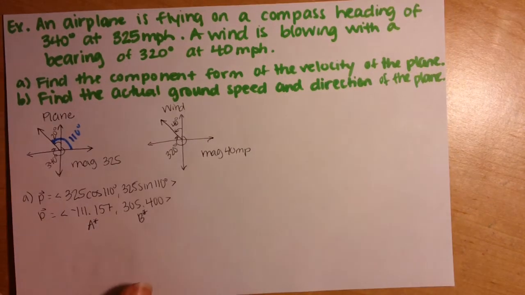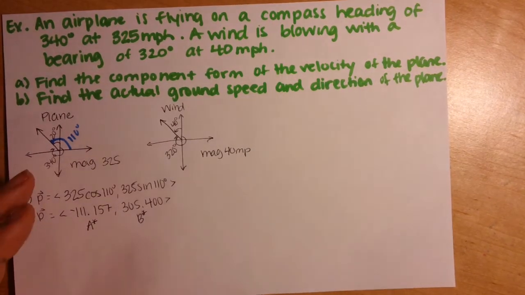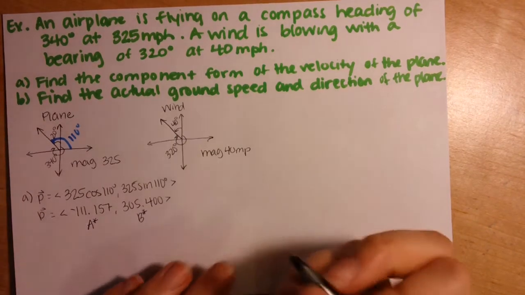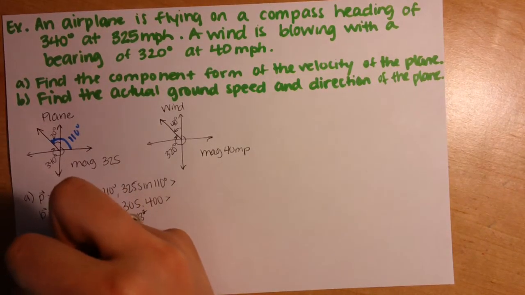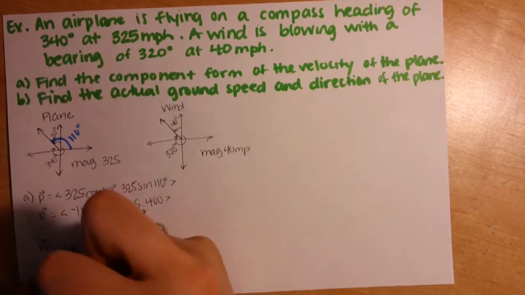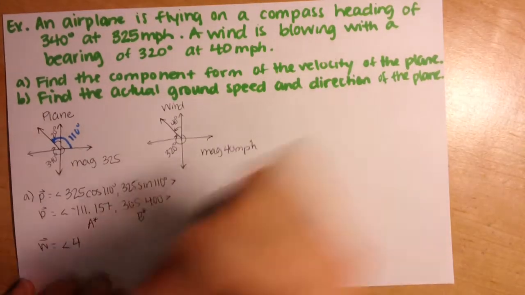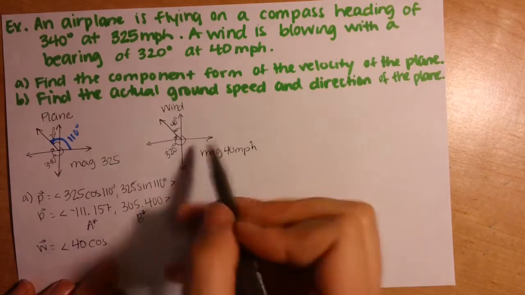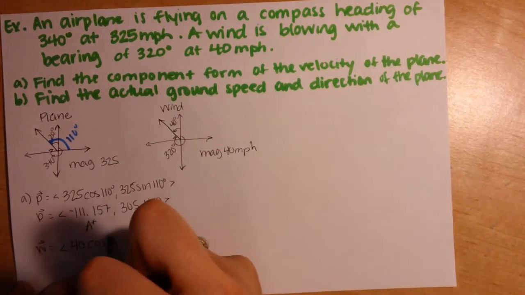So now I want to look at the wind. So my wind has a magnitude of 40 miles per hour, and the angle is 90 plus 40, which is 130.